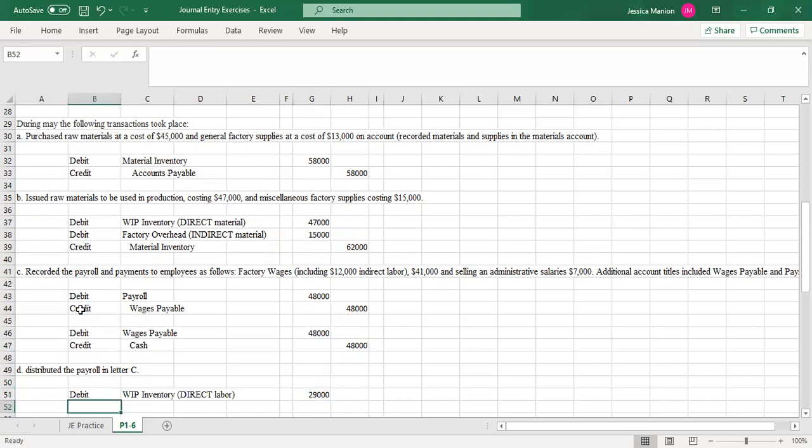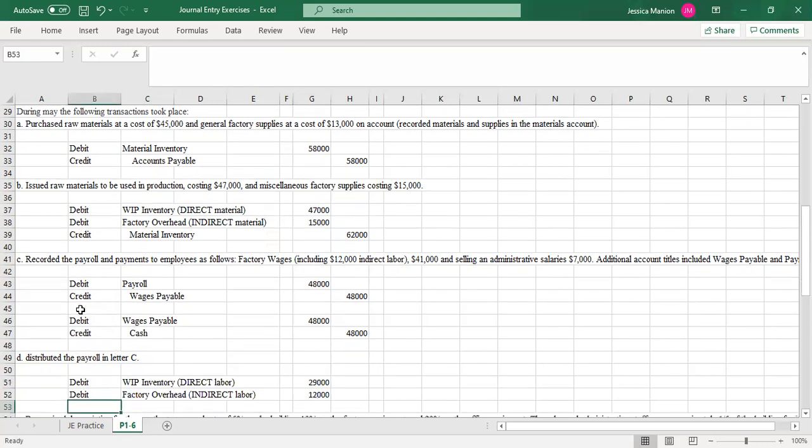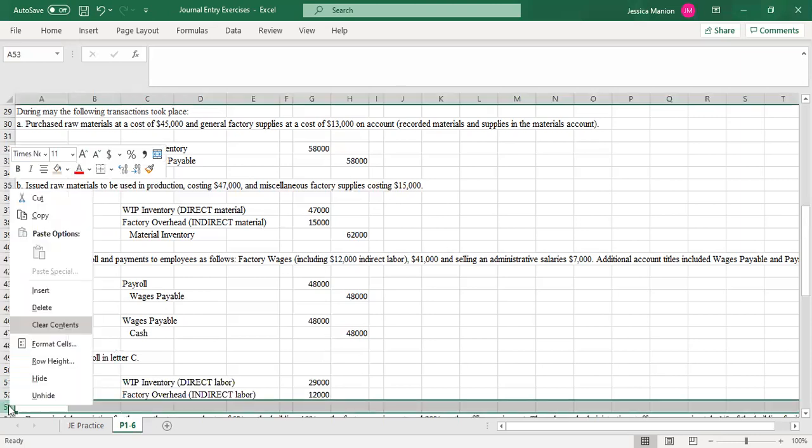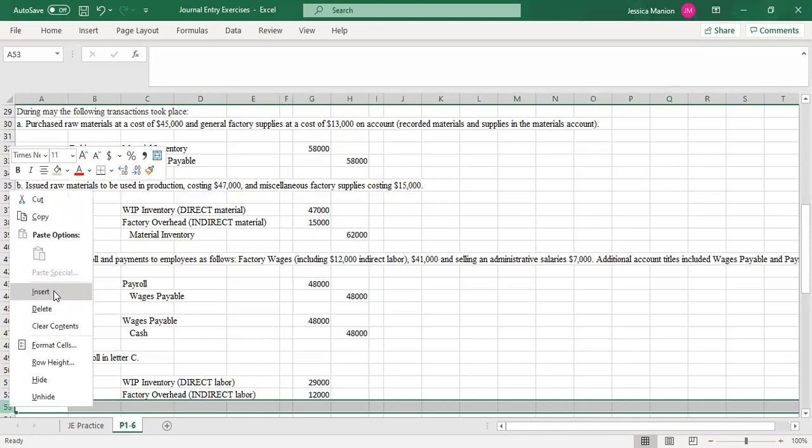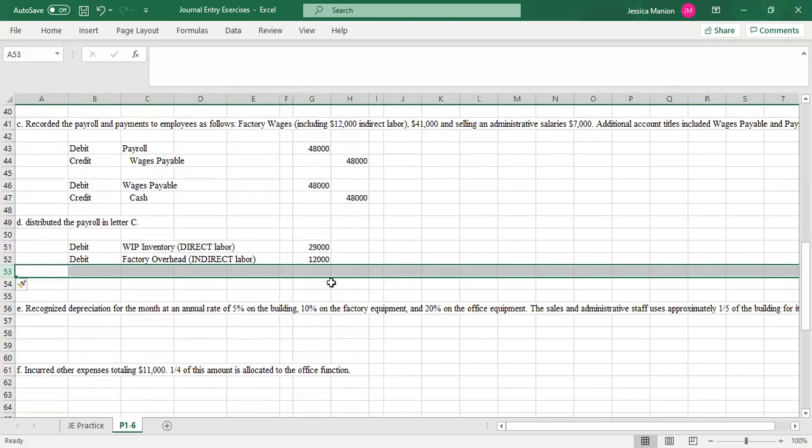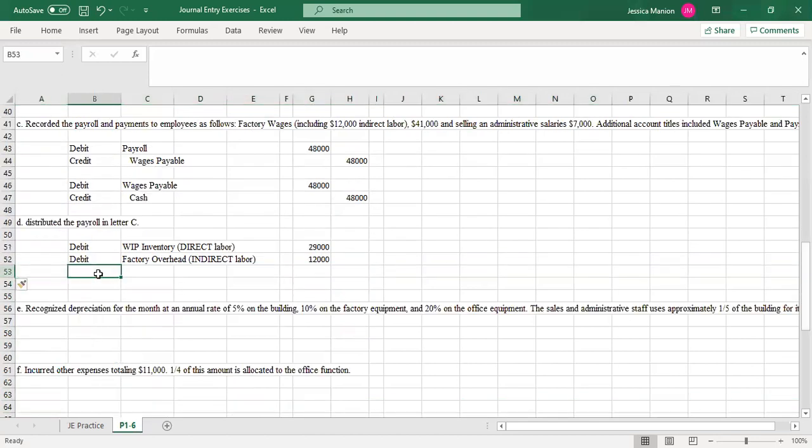So 29,000. We debit factory overhead for the indirect labor, 12,000. Oh shoot, I forgot I needed to add a couple rows here. I always think I'm prepared and then I get in the middle of the problem and not so much, right?